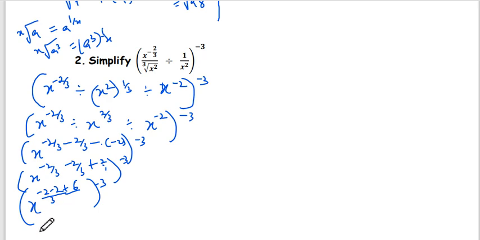So this becomes x raised to the power of minus 4 plus 6, that's 2 over 3, raised to the power of minus 3. So 3 cancels out 3, so x to the power of minus 2, which is equal to 1 over x squared.